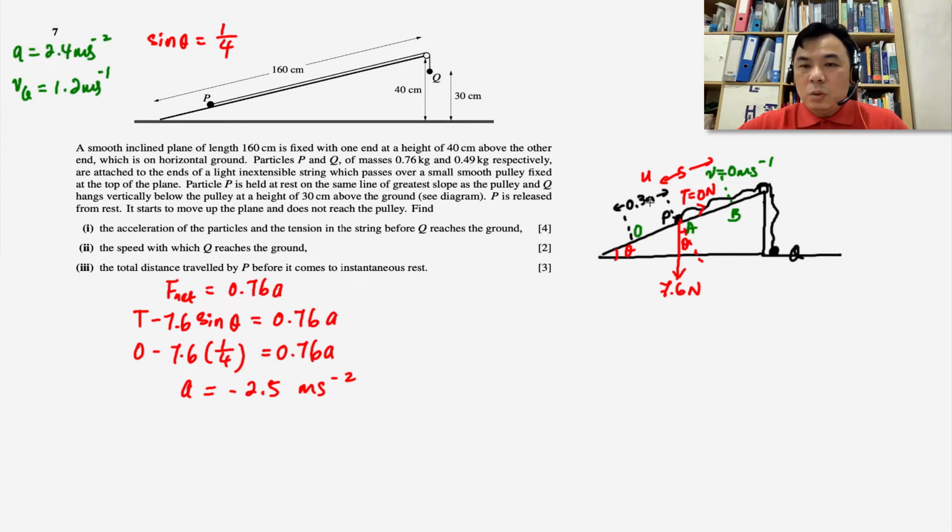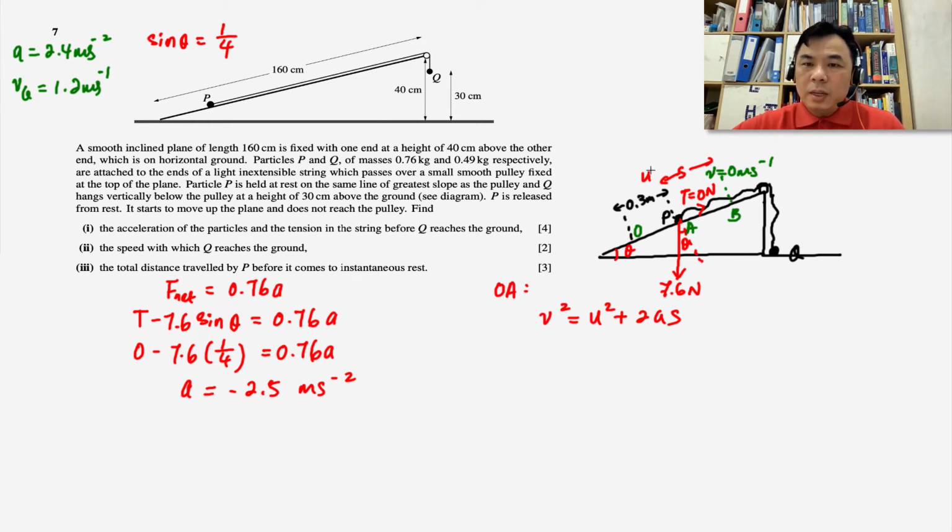To find u, all we need to do is apply the same SUVAT equation, v squared equals u squared plus 2as, but we are looking at the motion from O to A. So here I'm going to write down OA. We only look at the motion from O to A when the string is still taut.